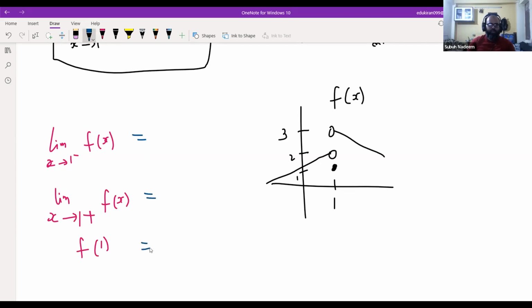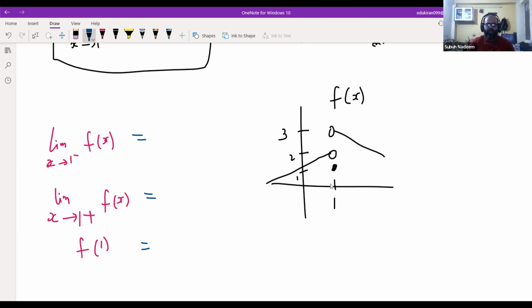How will you find this output? Just think on your own. I'm not giving you the hint right now. So 1 minus, we go to the left. Shouldn't the left be towards the other side?